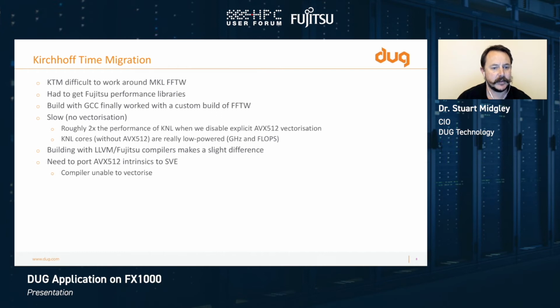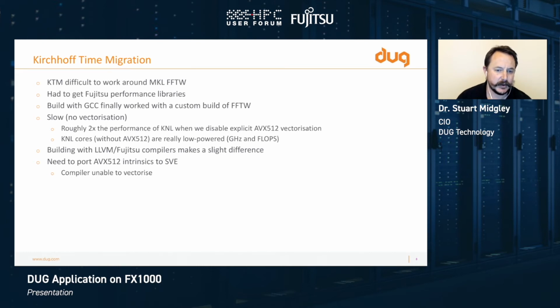Again, the KNL cores are quite weak without AVX512, so with the A64FX having twice the memory bandwidth and stronger cores, it was about twice as fast.